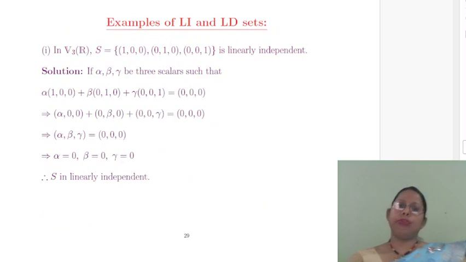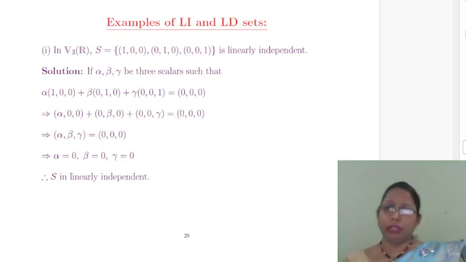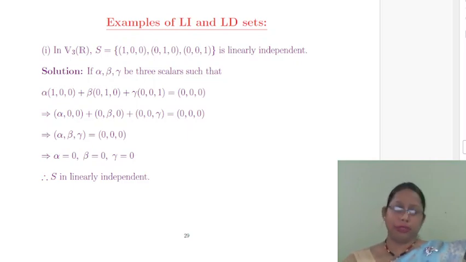Next is an example of linearly independent and linearly dependent. In V3(R), that is R3 over R, let S be the set of three elements (1, 0, 0), (0, 1, 0), (0, 0, 1). Then S, the collection of these three elements, is a linearly independent set.